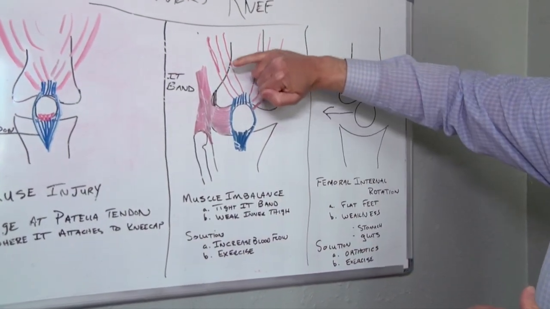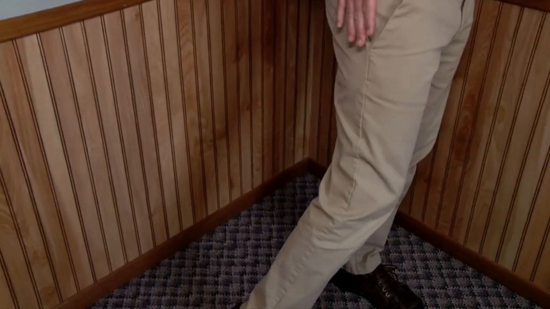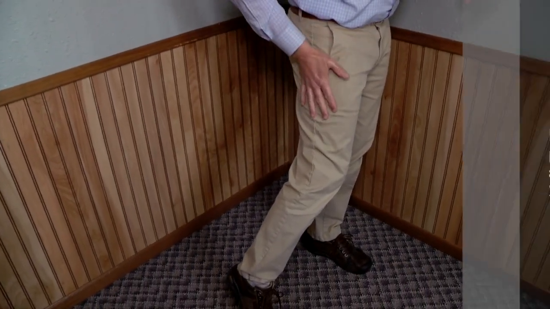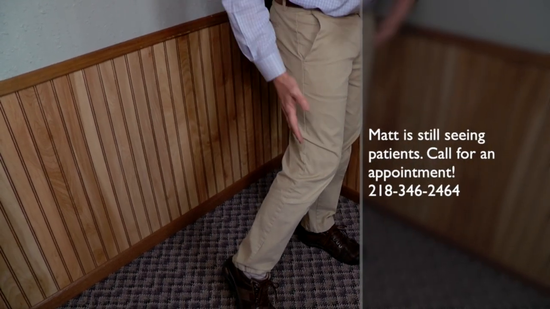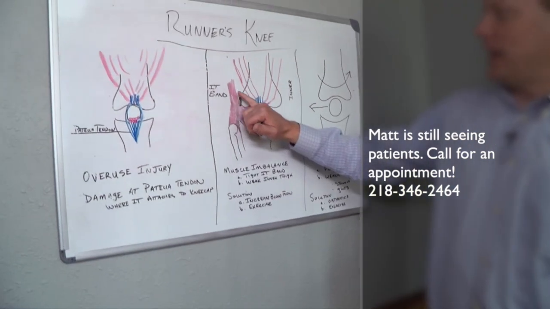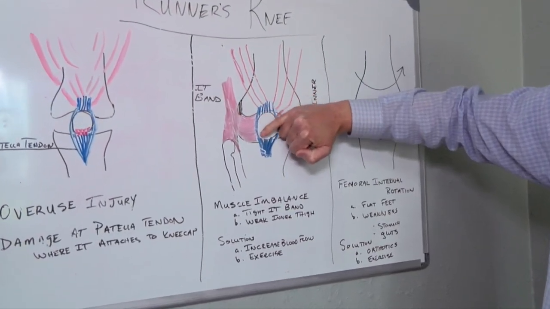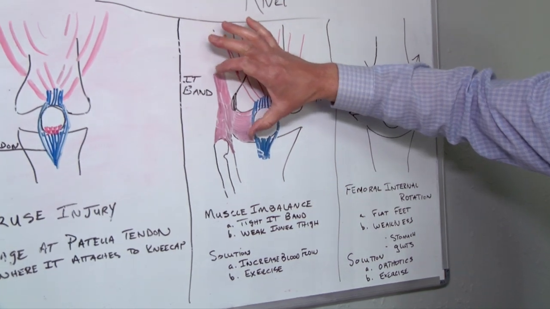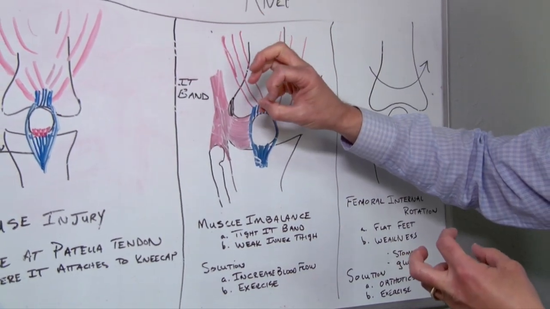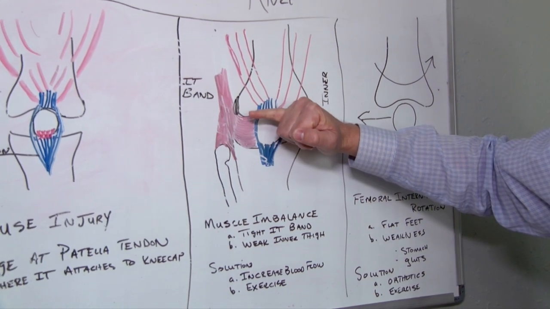What will happen is the IT band, which starts from the outside of the hip and comes down the outside of the leg, is a very, very strong piece of connective tissue. As it comes down, it has attachments on the outside of the kneecap. If that IT band gets too tight, it can start to pull that kneecap in that direction.